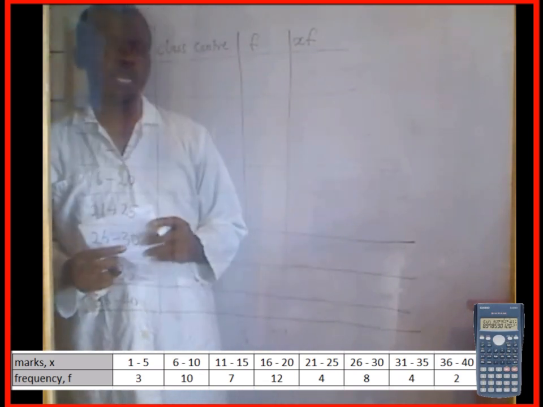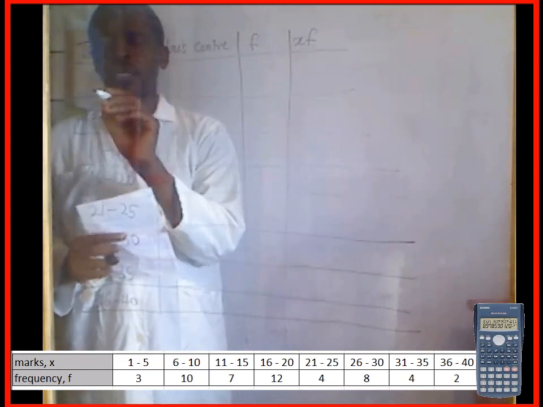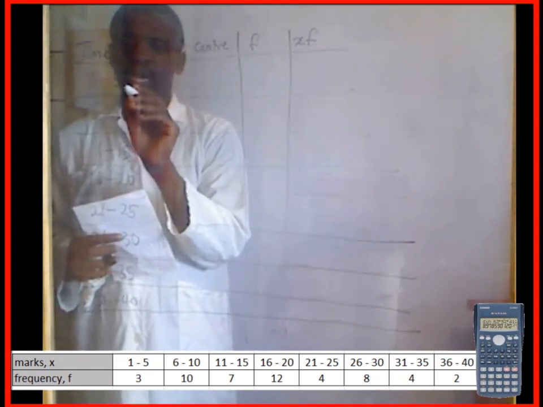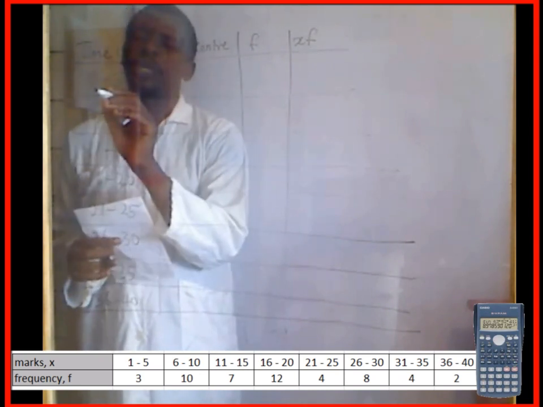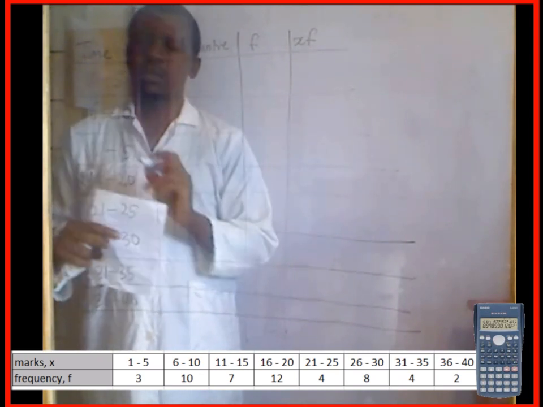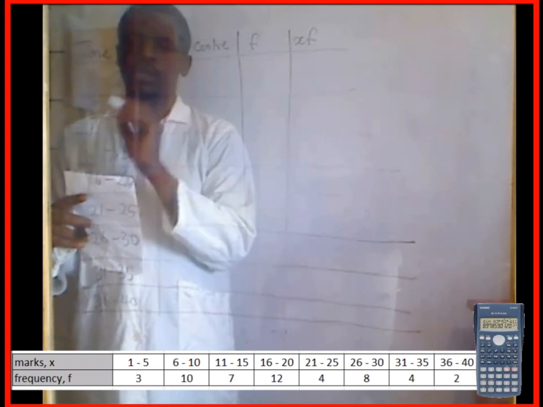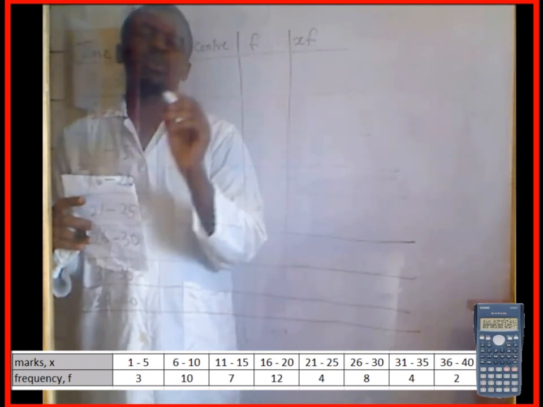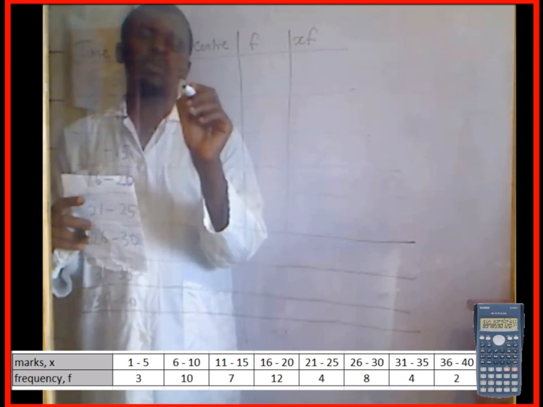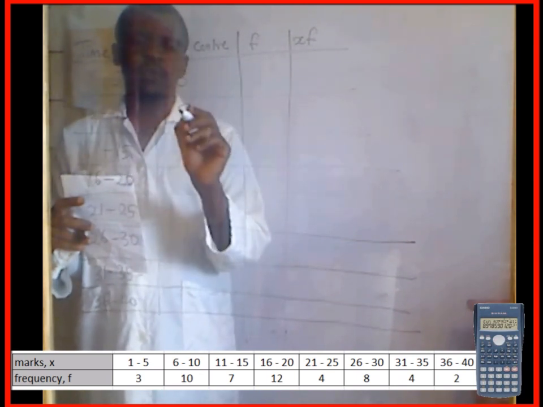How do I get the class center? I add the lower limit and the upper limit and divide by 2. So I take the average of the lower limit and the upper limit. This is 1 plus 5, which gives us 6 divided by 2. So here, 3.